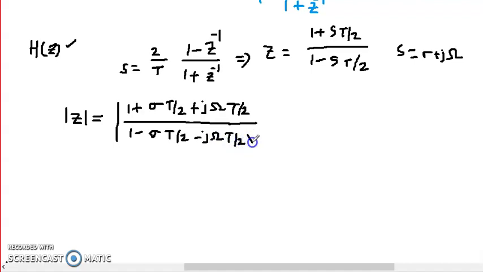Now, what will be the mod of this thing?